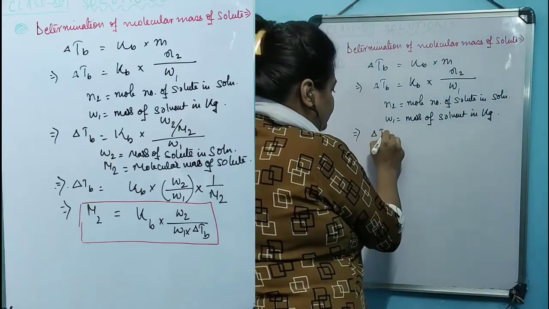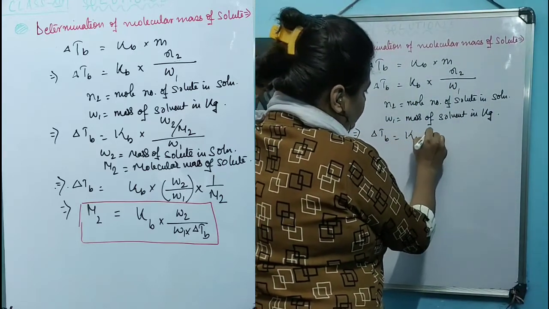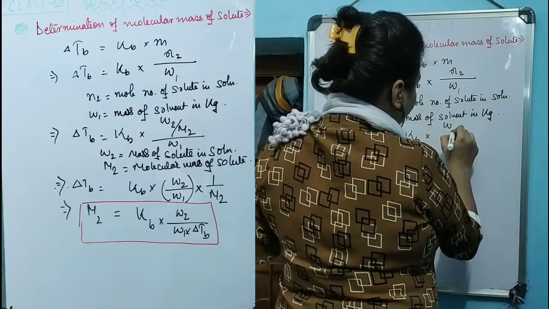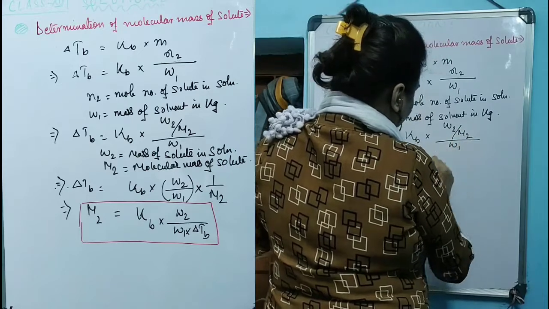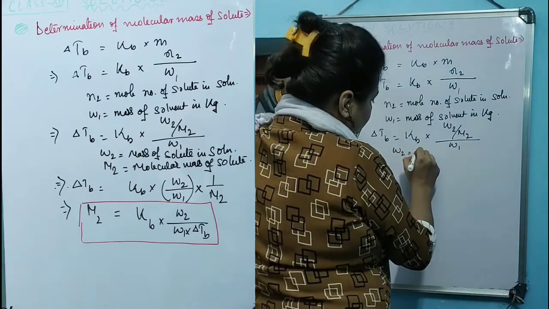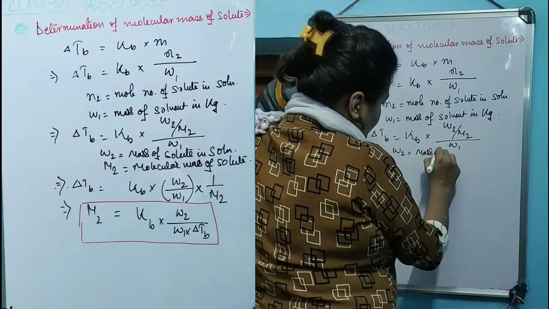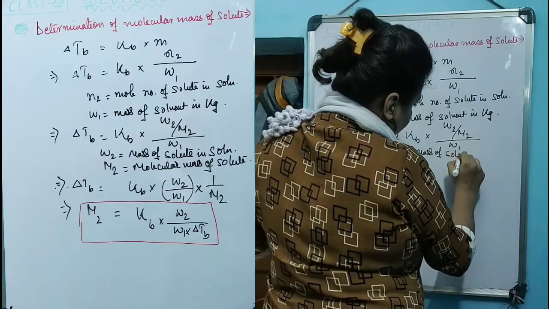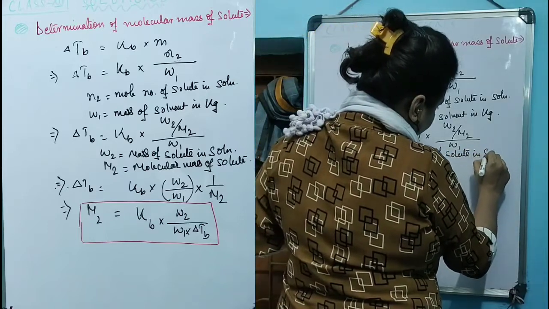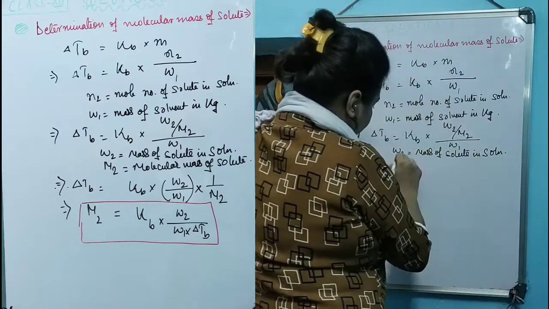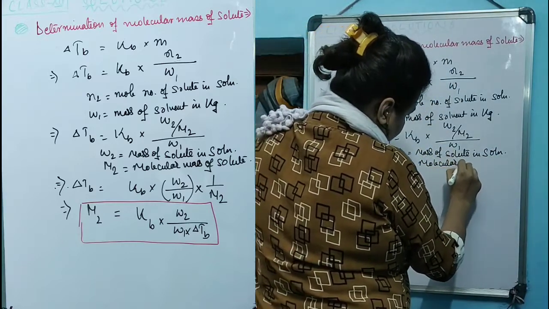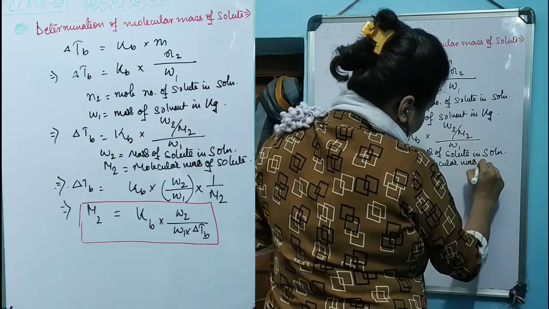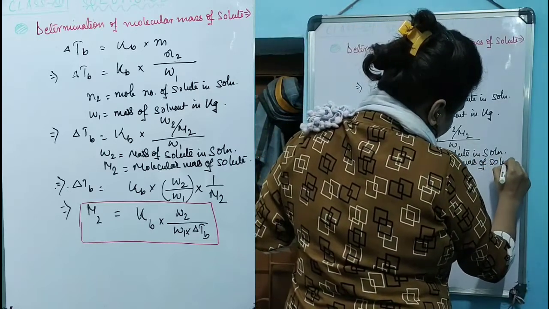Or delta Tb equals Kb multiplied by N2, which can be written as W2 by M2 by W1, where W2 equals the mass of solute in solution and M2 is the molecular mass of solute.